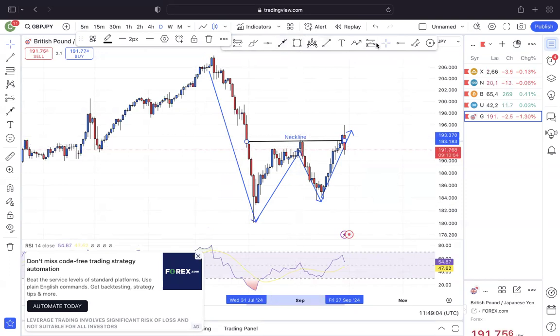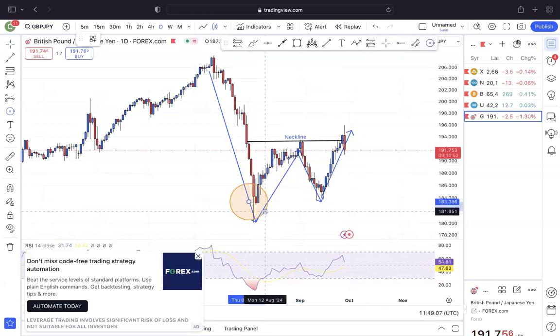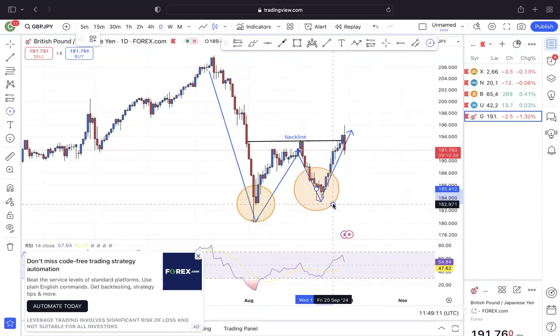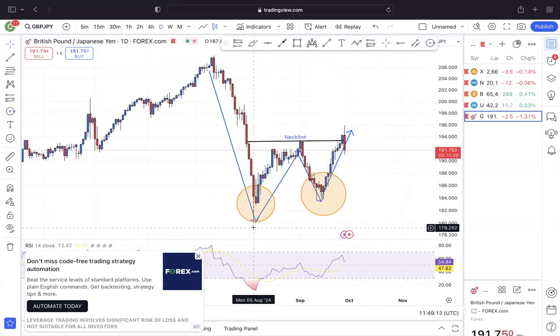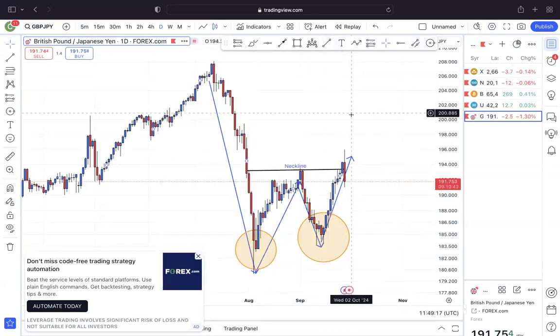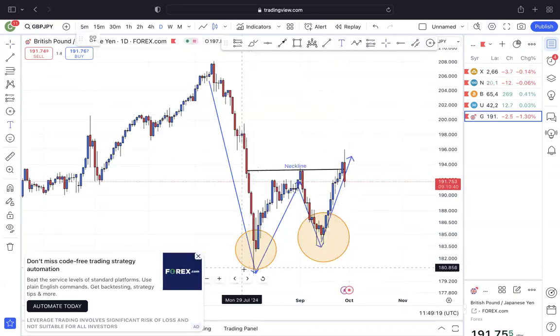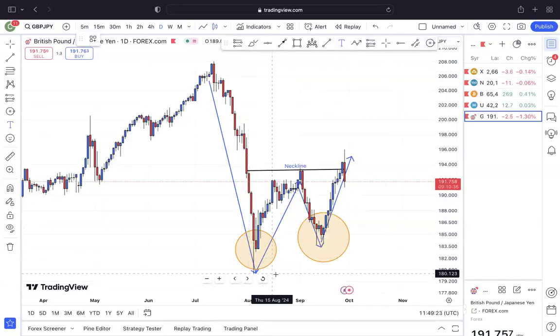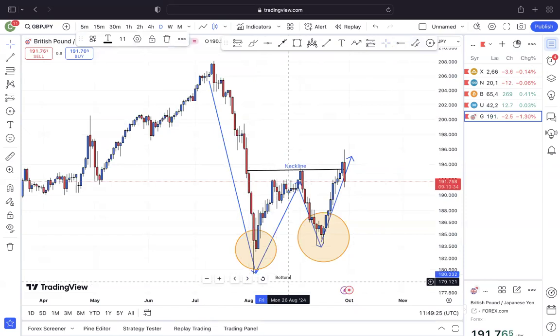So we see the two bottoms. Right here is one bottom, and over here is a second bottom. So let me label that for you guys. We have bottom one.